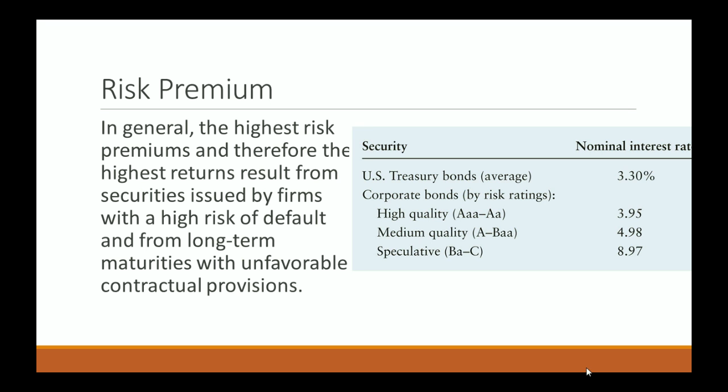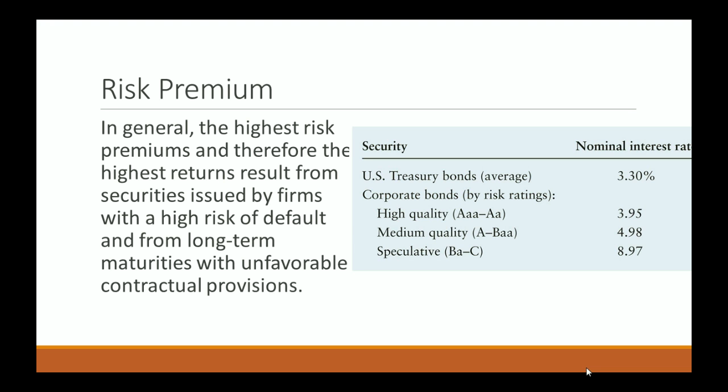The highest quality bonds are AAA to AA. These are rated by Moody's or S&P, and these have the lowest risk premium, so they have the lowest rate of return. They are exposing the investor to the least amount of risk because you suppose that you will get repaid if they have a high rating.